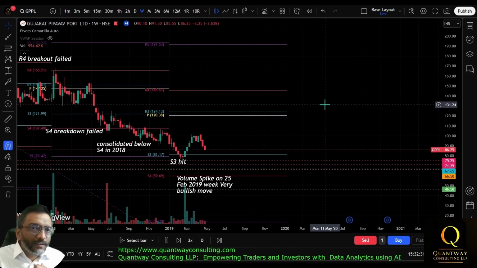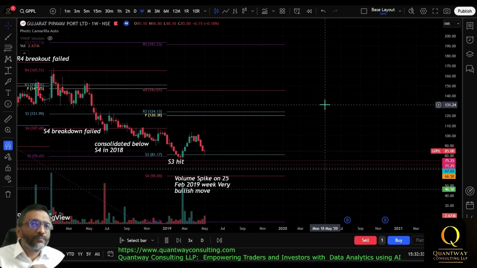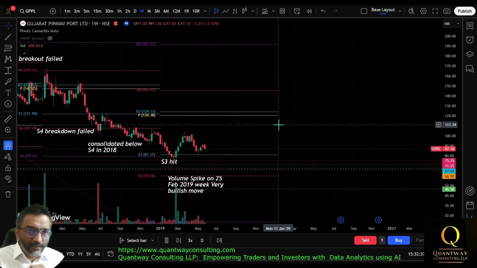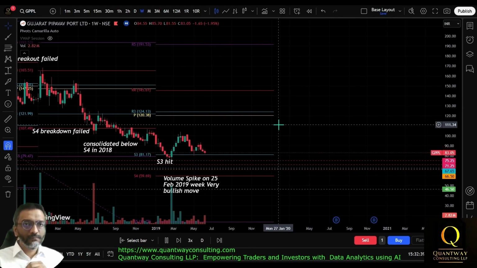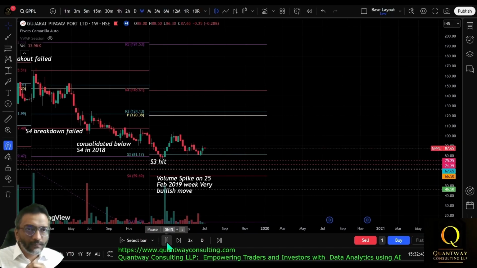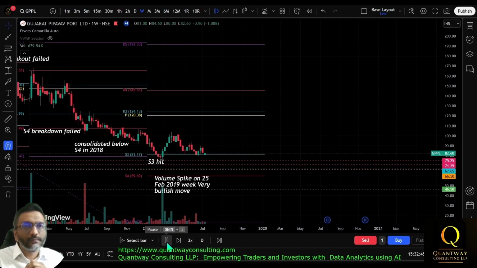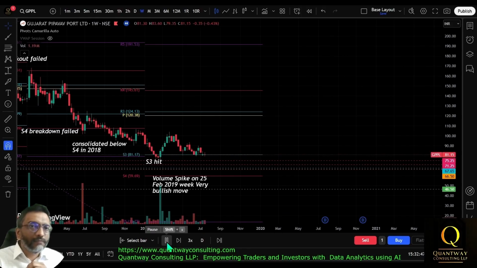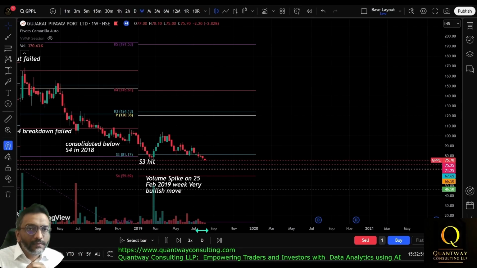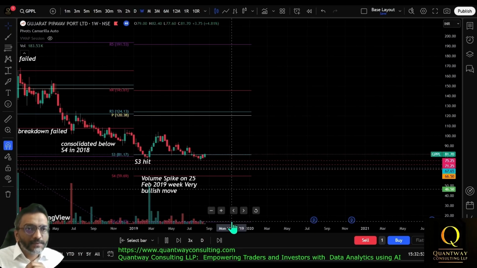And again, there is a consolidation and the stock is in no hurry to move up. So it is again going down, consolidating near the S3 levels. It was maybe a delicate bounce and then it is consolidating around the S3 levels.